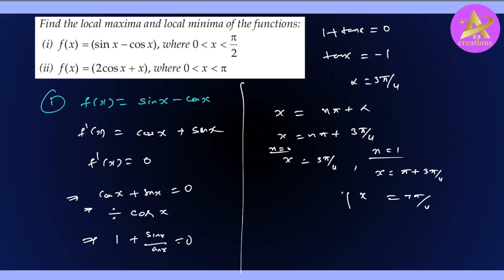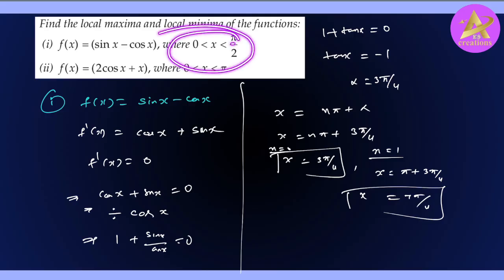Okay, these are the two values we get. If you take any other integers in place of n, whatever x value we get is always greater than these values. These are the only two x values we get.